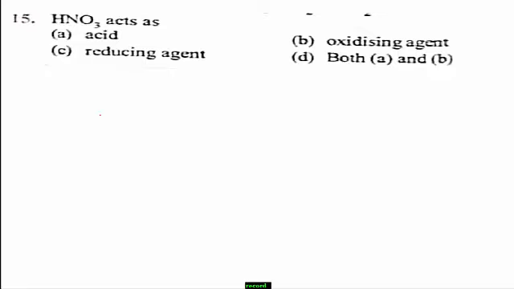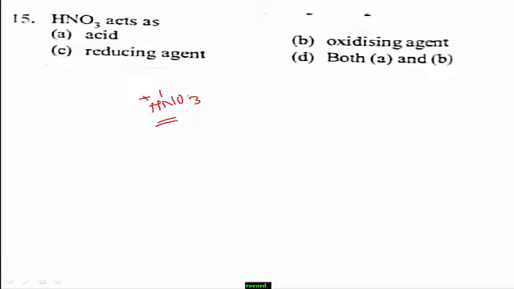Therefore, option A is one of the right answers. But is it an oxidizing agent or reducing agent? In option D they given both A and B, which means it is also an oxidizing agent. Is it right or not? Students, oxidation number of nitrogen in HNO3. Here hydrogen is +1.